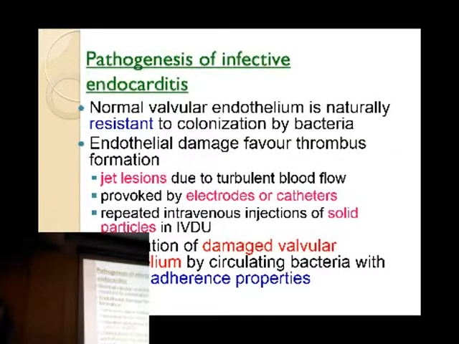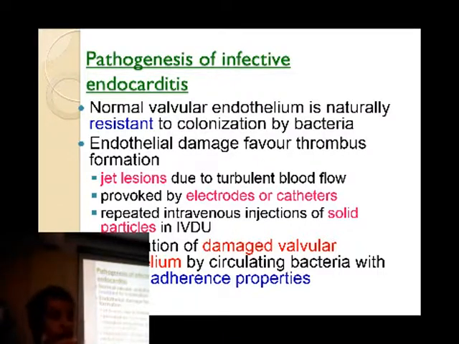Some other important points related to pathophysiology are that blood flow irregularities also play a main role. For example, jet lesions are generated when there is abnormal blood flow. Our blood flow is usually a laminar flow which flows smoothly.